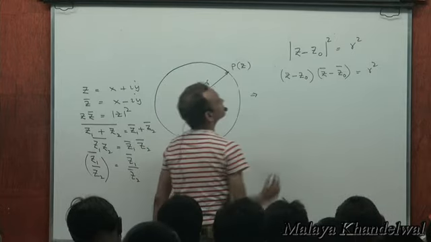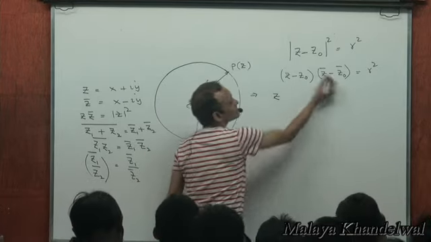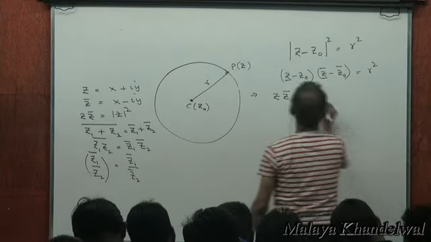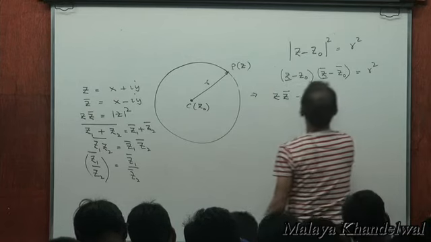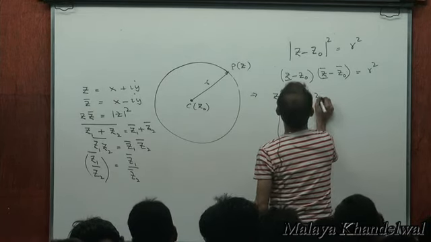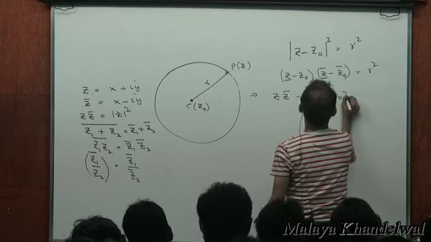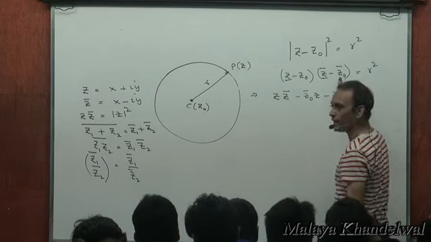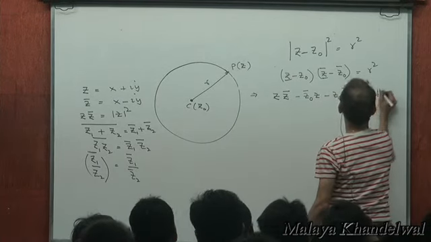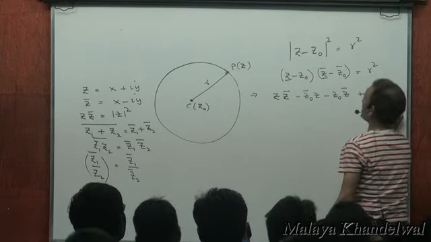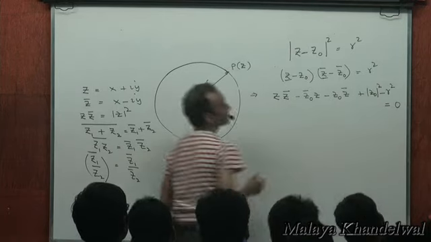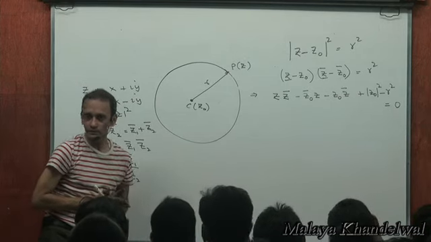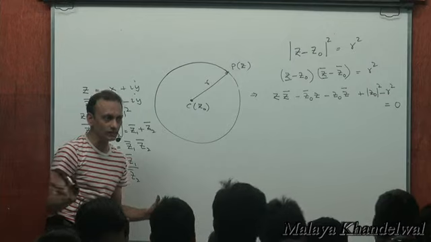Now, this is z into z bar minus z naught bar z minus z naught z bar plus z naught into z naught bar, which is mod z naught squared, minus r squared is 0. Clear? Just multiplying the whole thing.